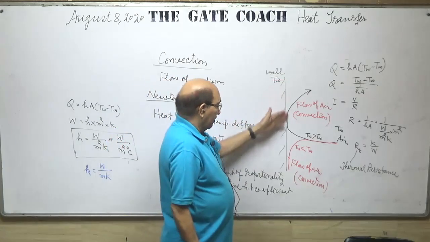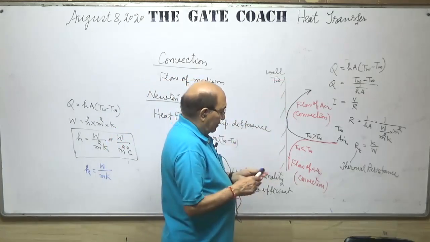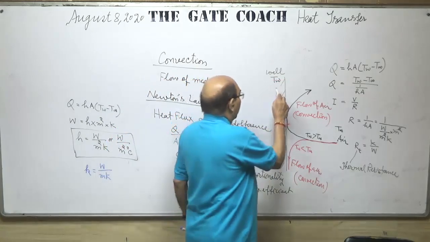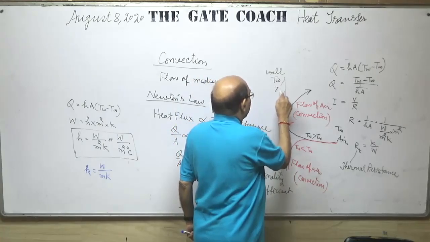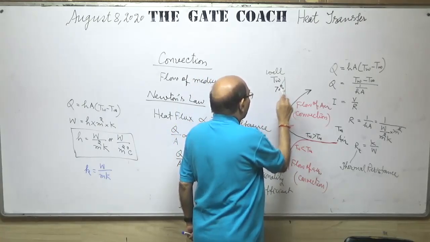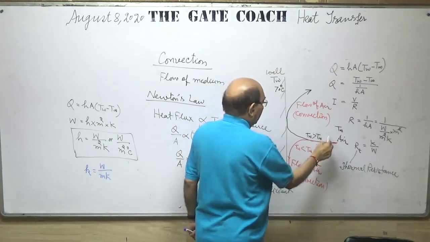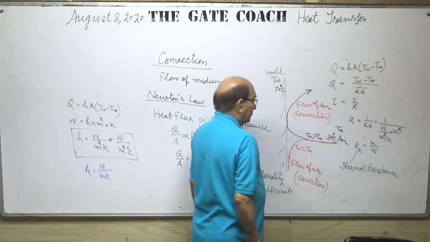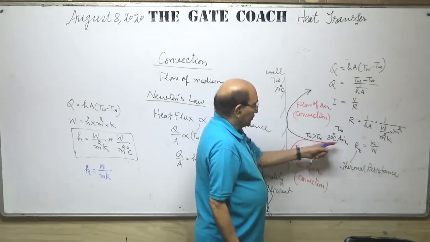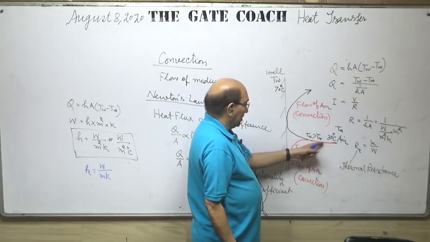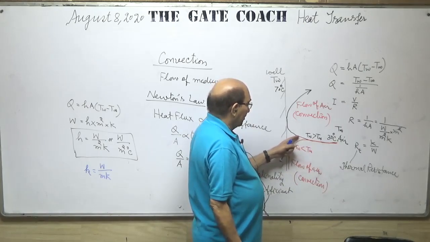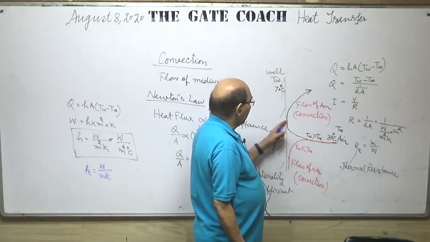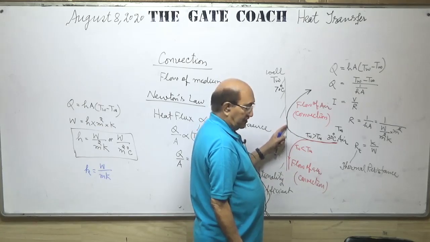This is a wall at a temperature of 70 degrees centigrade. And this air is at 30 degrees centigrade. This 30 degrees centigrade air is coming in contact with the wall at 70 degrees centigrade.